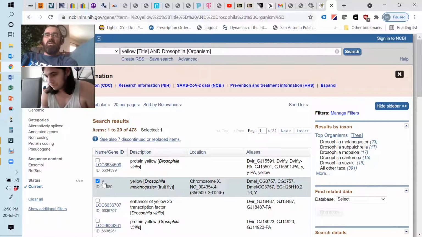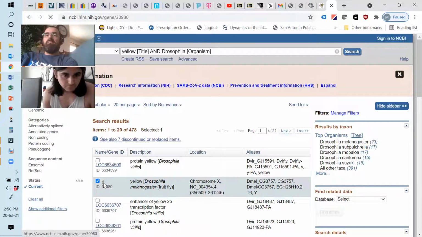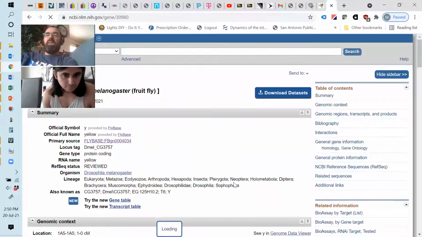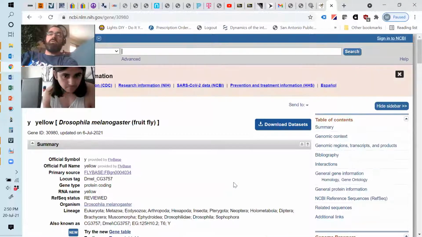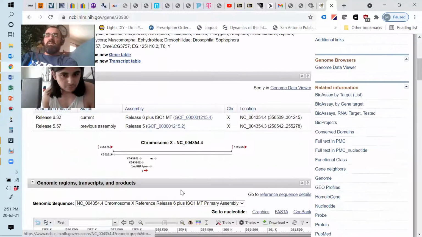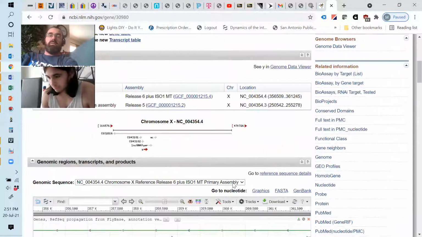And so now there's a little clicky bit there under yellow. Click on that. And that will take you to all of the sequence information available for the yellow gene. Again, it's in D. melanogaster, and chromosome X near the end, and so on and so forth.